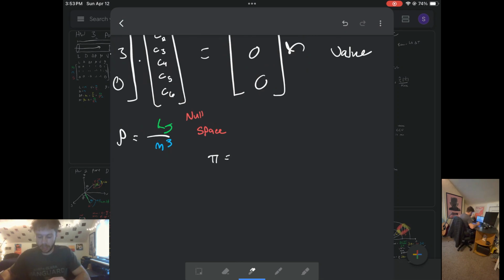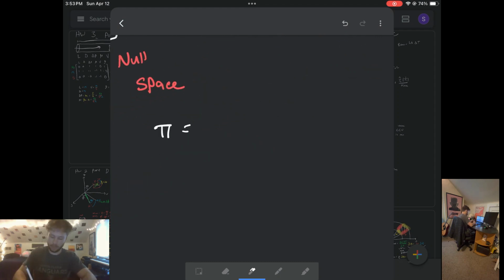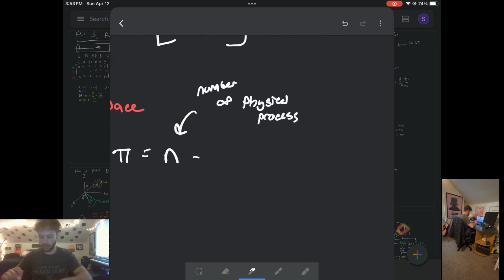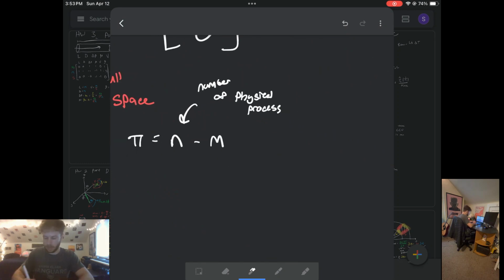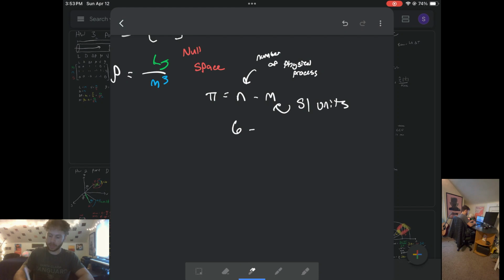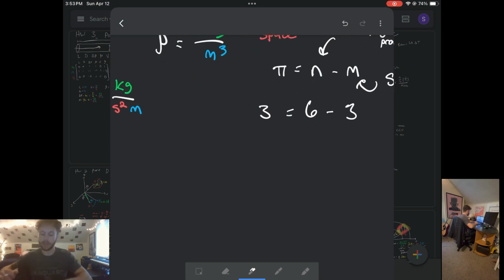And to get that, we'll say that that'll be equal to the number of physical processes that we have, which we'll call n, from that, we'll subtract our SI units, which we'll say is M. So in our case, we have 6 physical processes and 3 SI units, which means that we need to constrain 3 different variables to use the Buckingham Pi method.